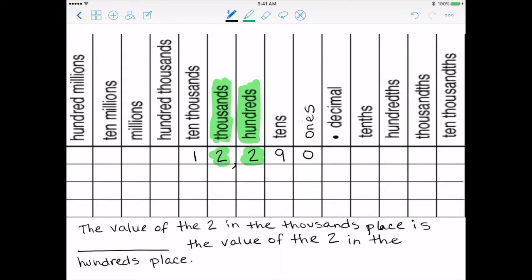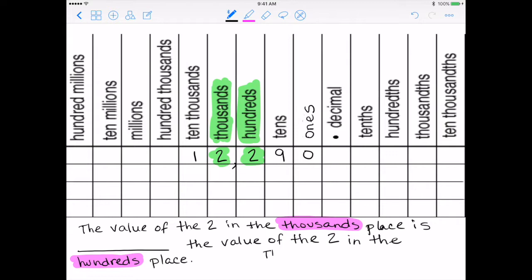Okay, so first of all, I want to look at what are my place value words in my prompt that I really need to pay attention to. Well, the word thousands and the word hundreds. Now, in this prompt, which one comes first?